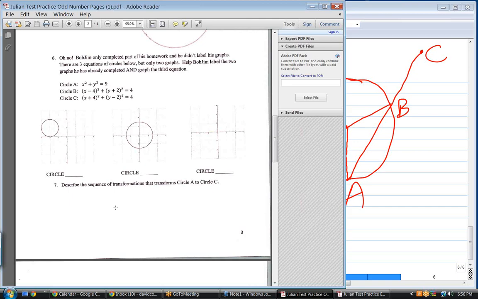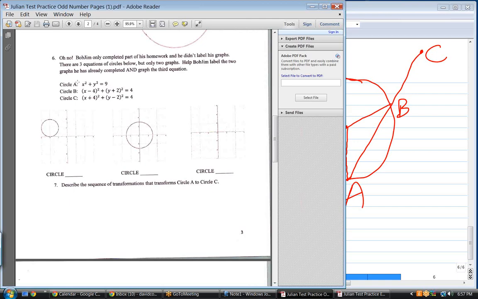What's unique about circle A is that the center is at the origin. Because I don't have anything being subtracted from x and I don't have anything being subtracted from y. These represent the centers of those circles. So this is the only one that's at the origin.